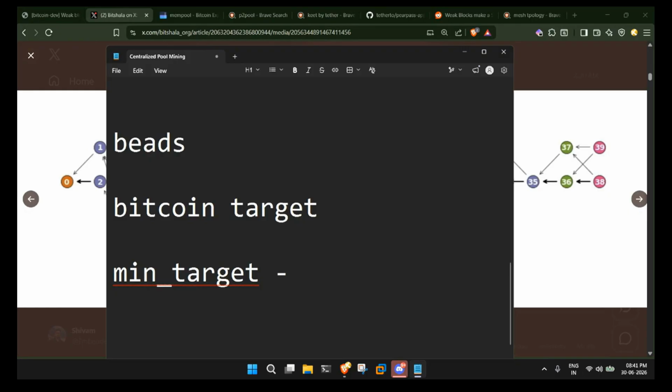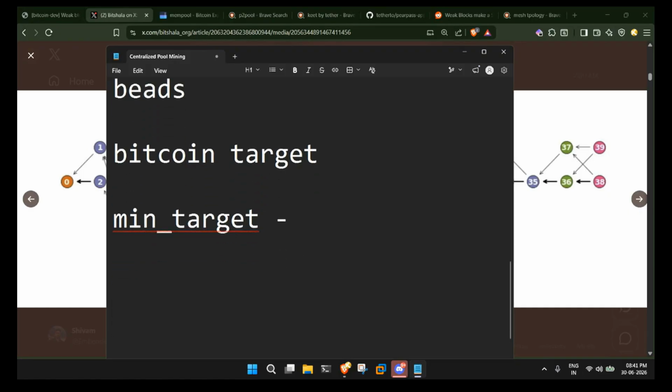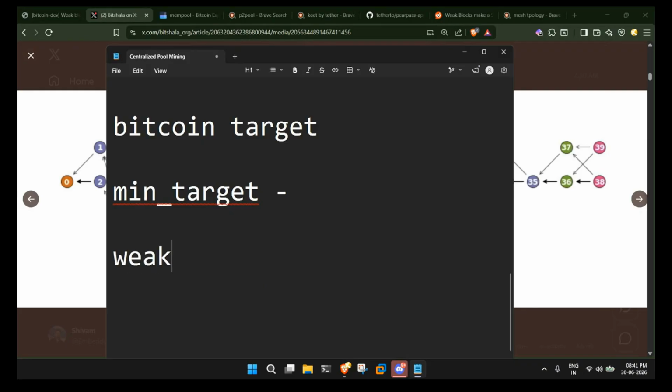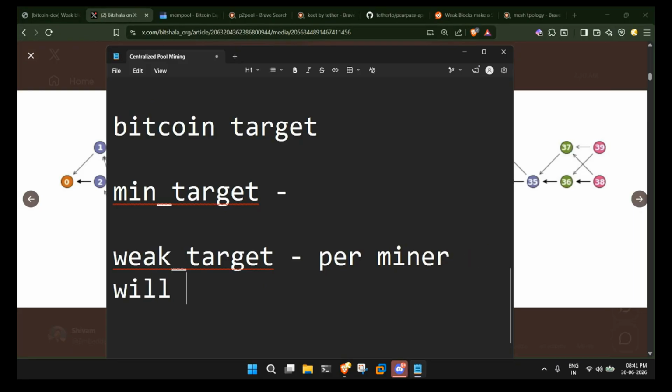If you are able to calculate this, you share the weak share. Okay. And per miner also, you can create a weak target. Let us suppose each miner will aim for a share maybe every 20 seconds.